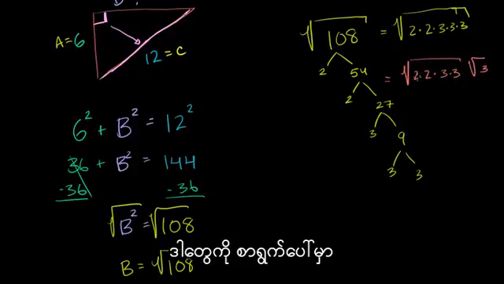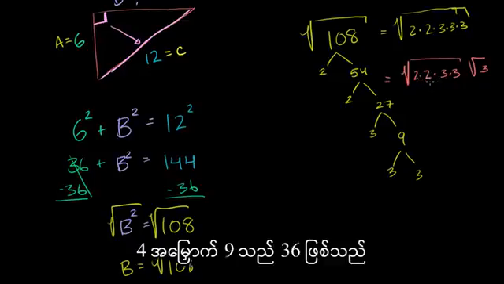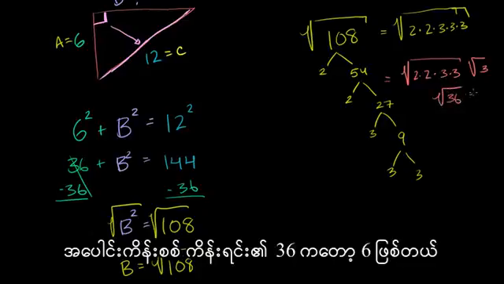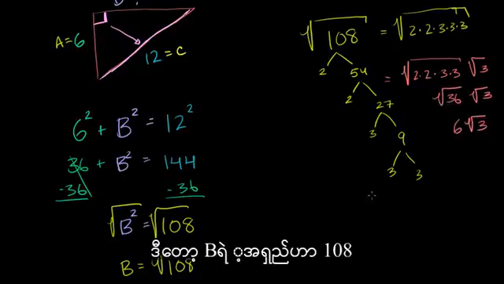And you wouldn't have to do all of this on paper, you could do it in your head. What is this? 2 times 2 is 4. 4 times 9, this is 36. This is the square root of 36 times the square root of 3. The principal root of 36 is 6. So this simplifies to 6 square roots of 3.